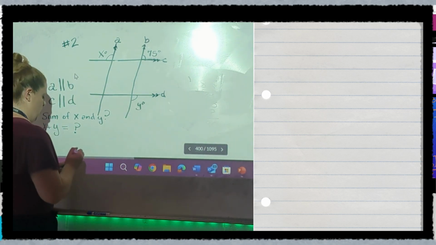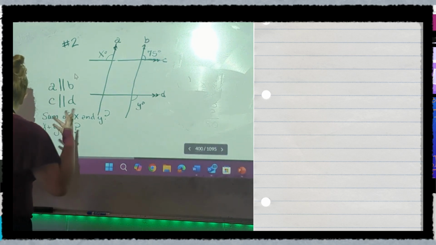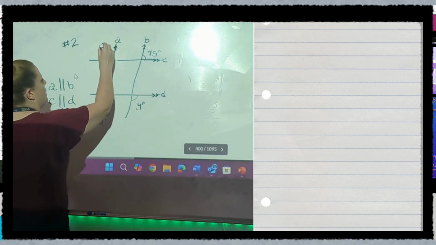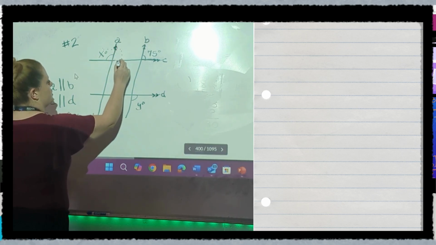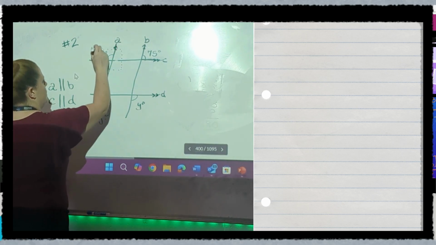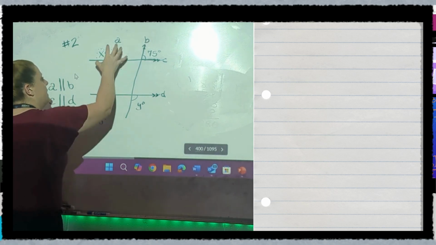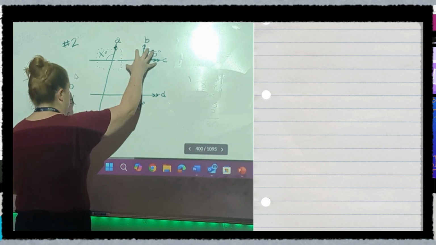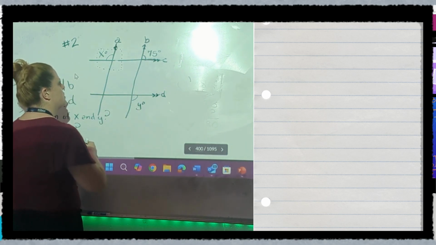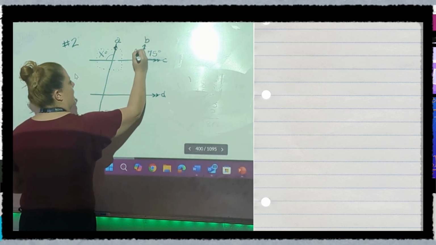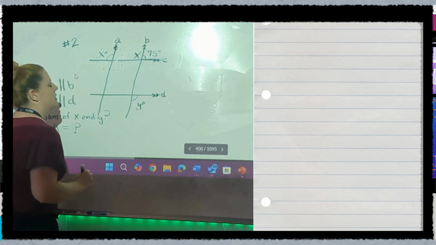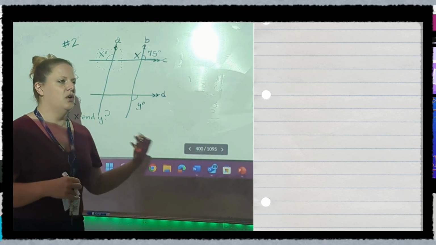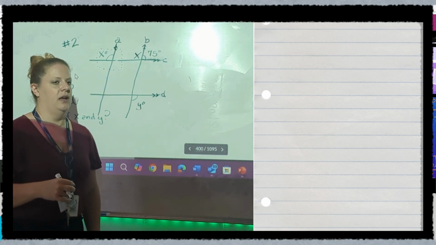You can imagine, or if you have time, you can do it: if you were to take a pair of scissors, cut this angle, pick that up and set it right here, it would be identical to these angles. Therefore, I can say x goes here because it is, oh my gosh, why is the word failing me right now?